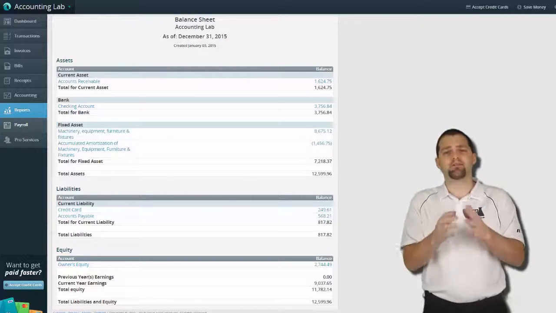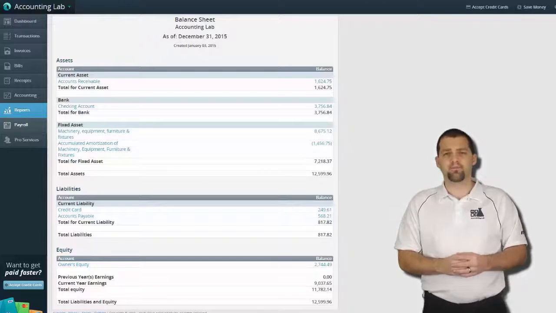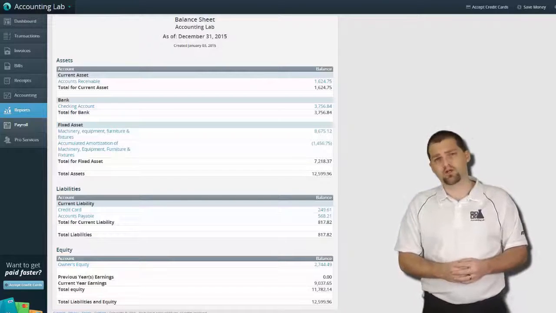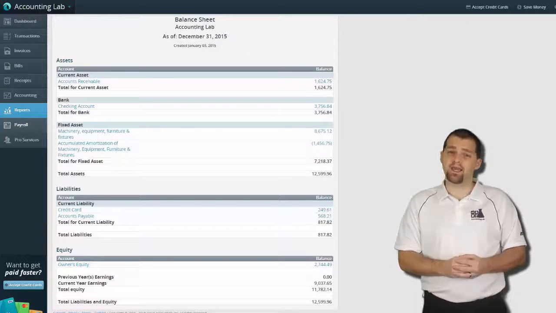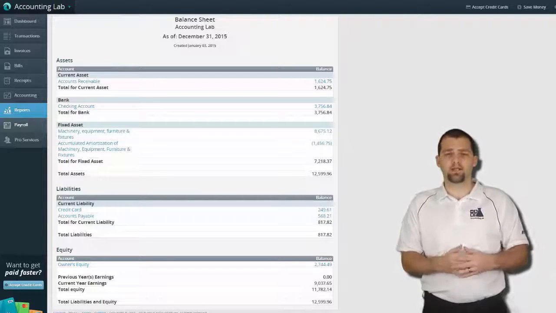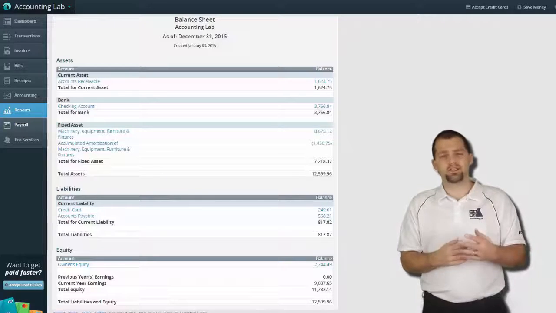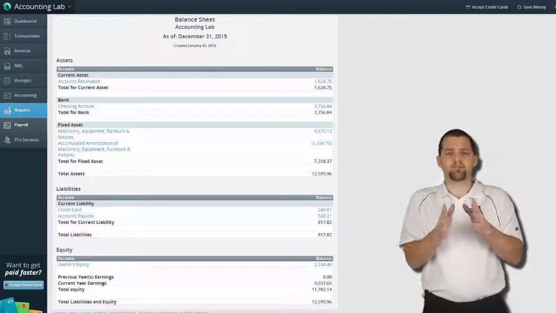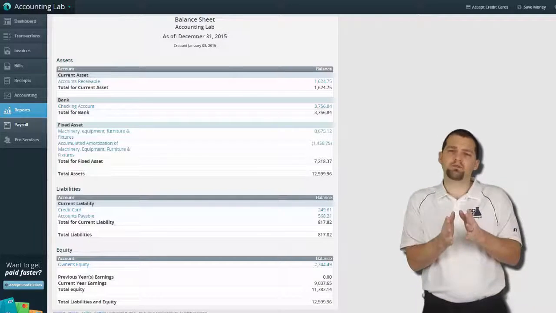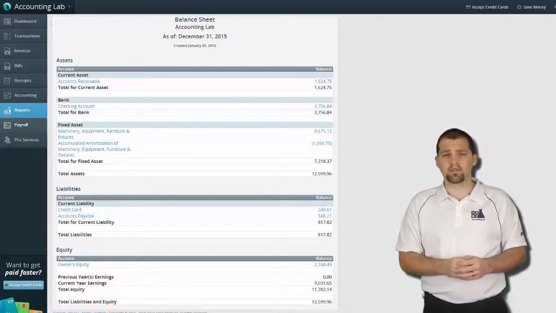So you'll want to keep that definition in mind. So now that we understand our groupings for our chart of accounts, we're now ready to start looking at what your chart of accounts looks like in Wave and doing some initial cleanup. We'll be deleting some old accounts, changing some names, and creating some new accounts to really specialize your chart of accounts to your specific interests and needs for your business.